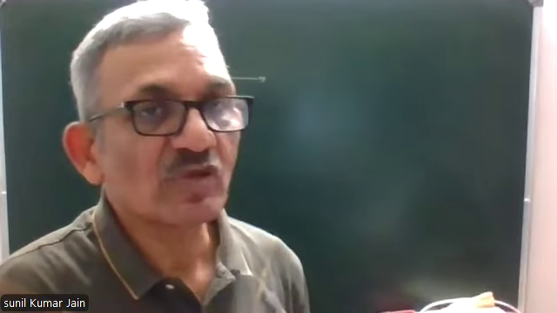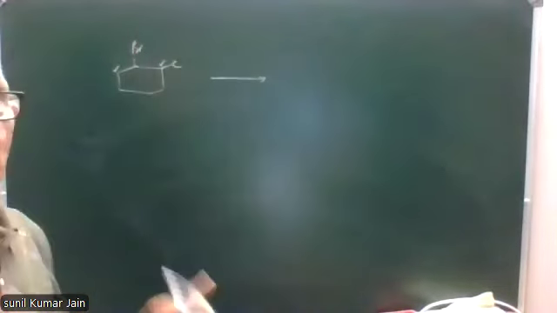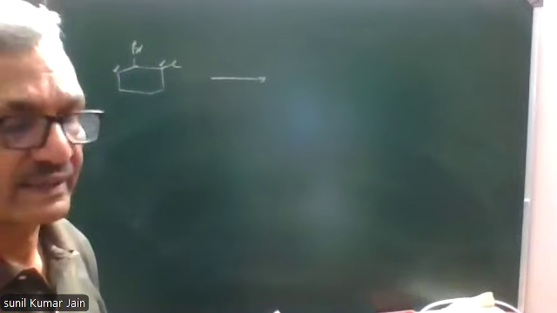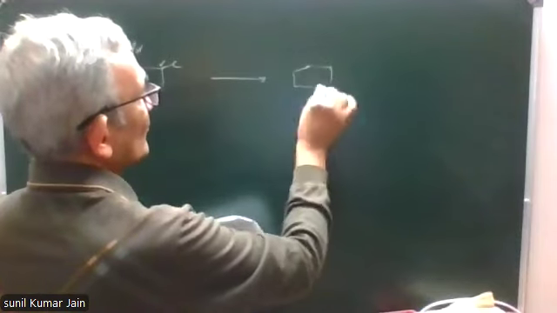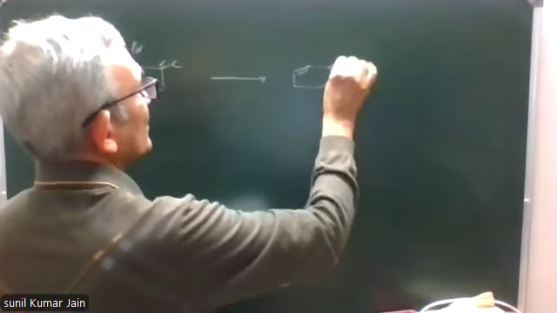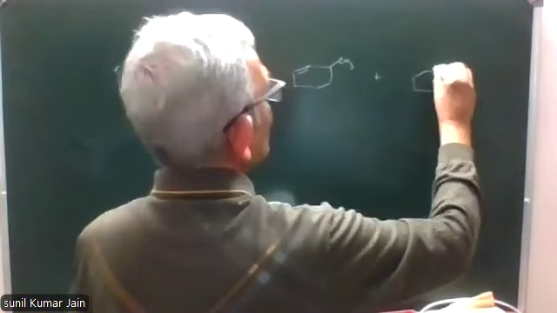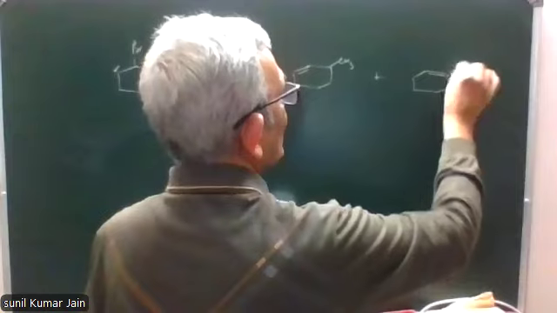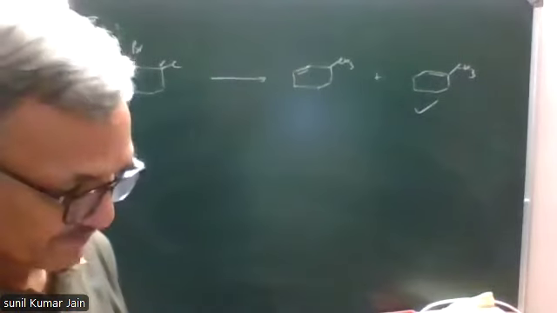That will depend on hydrogen atoms on beta carbon atoms. Now, this is beta carbon, this is beta carbon, and both carry at least one hydrogen. So possible products are these two possible alkenes formed. This is more symmetrical, therefore this is the major product.